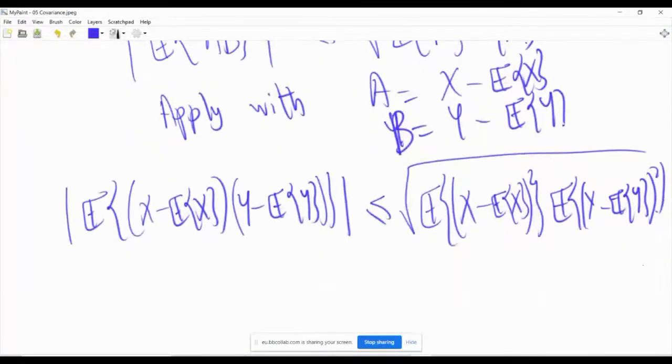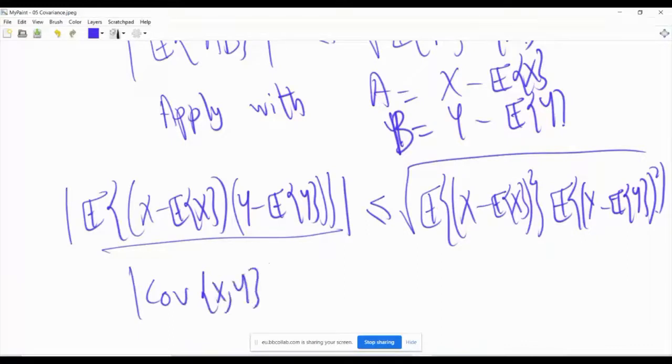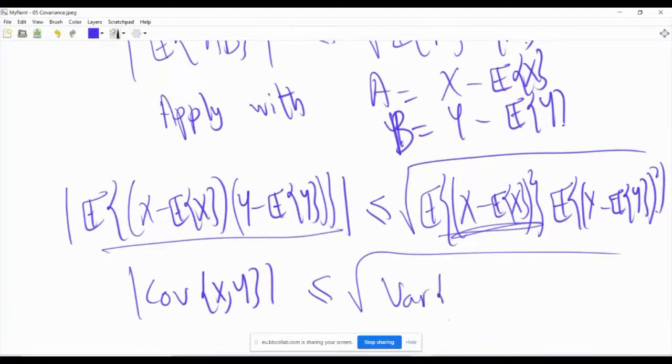Let's see what we have here. By definition, this is covariance. So the absolute value of covariance xy is less than or equal to the square root of the expectation of x minus expected x squared, which is the variance. The first term is variance x, and the second one is variance y.